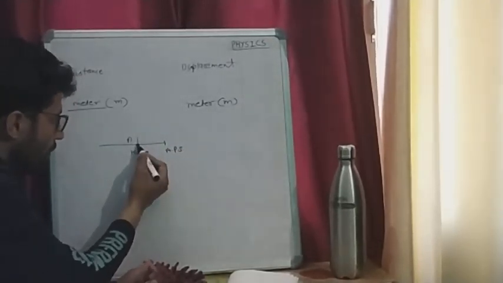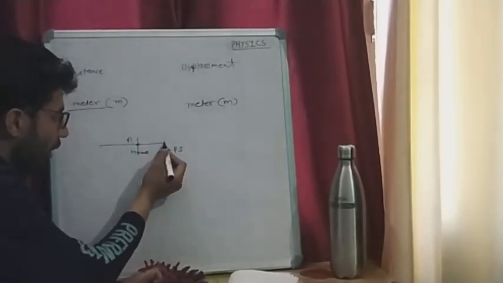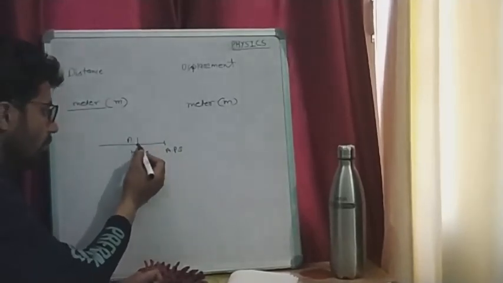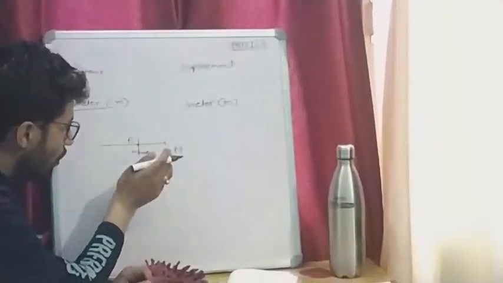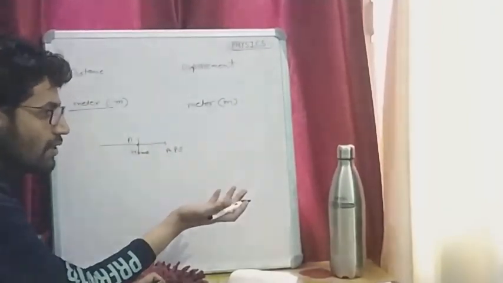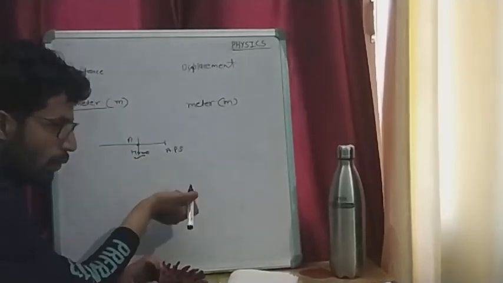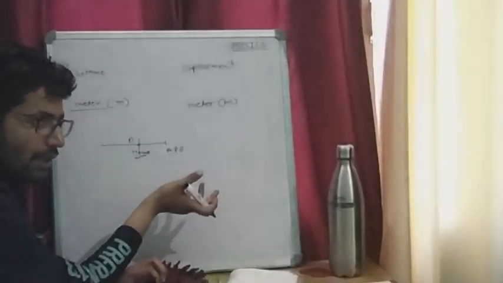We move from home to APS by different ways, then we return from APS to home. Then in your journey, what is your displacement? Displacement is 0 because your initial point is home and your final point is also home.